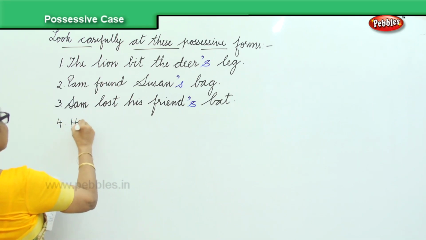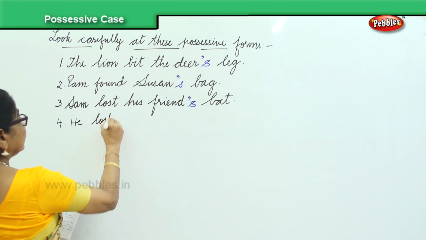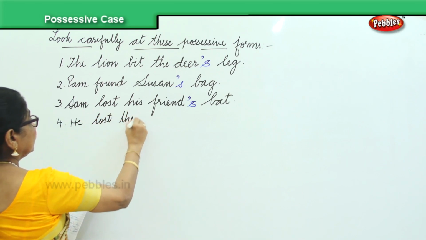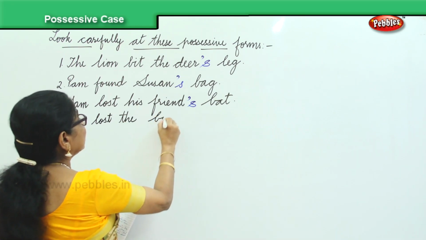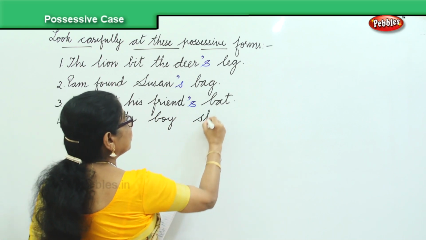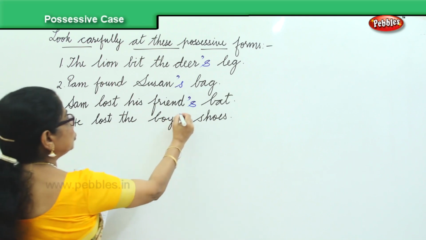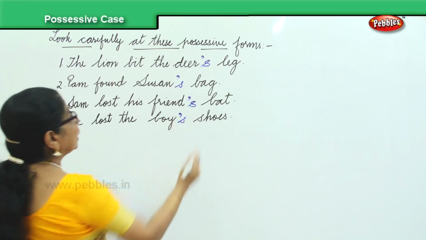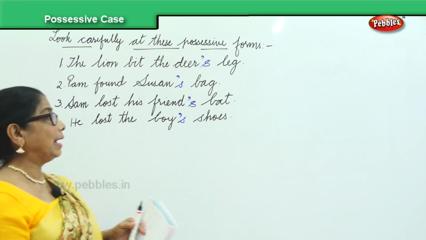Next. He lost the boy's shoes. Okay? Deer's leg. Susan's bag.